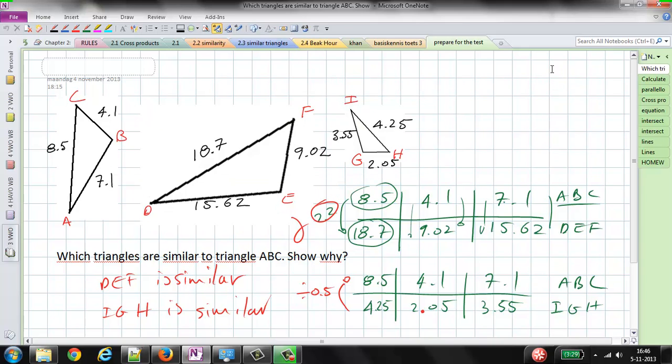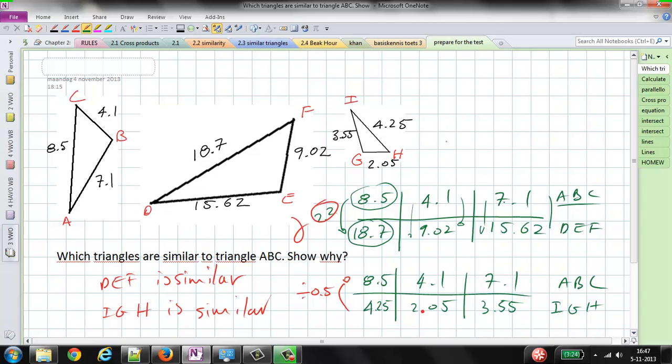So I got 8.5 there for this long side, and I've got 18.7 there for that long side. So that's here, 8.5 to 18.7. The 4.1 is to the 9.02, and then the 7.1 is to the 15.62. It's right here.